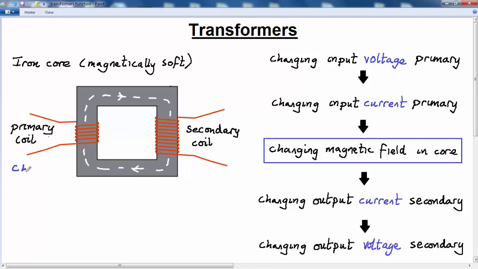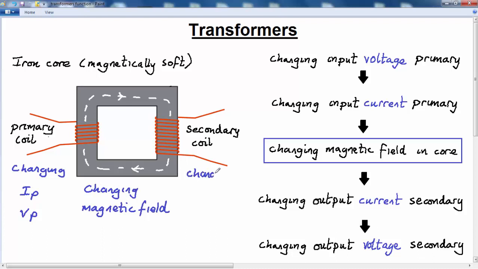In the primary coil we've got a changing current and therefore changing voltage, which we'll call IP and VP. This produces a changing magnetic field in the core, which will induce a changing current and voltage in the secondary.